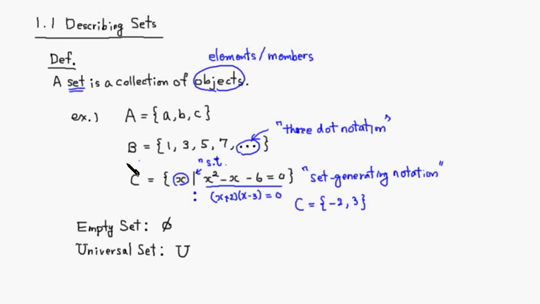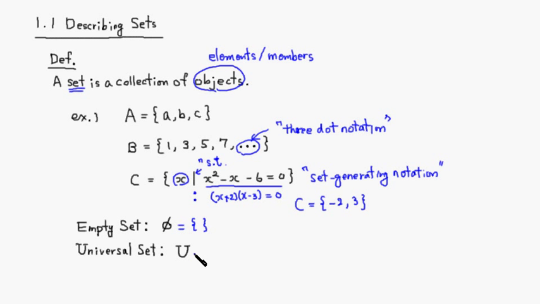All right, another set that we need to know is the empty set. The empty set is a set with nothing in it, so you can use this notation, or you can just put the curly brackets without listing any elements. On the other hand, there is something called the universal set. This is a set with everything in it.